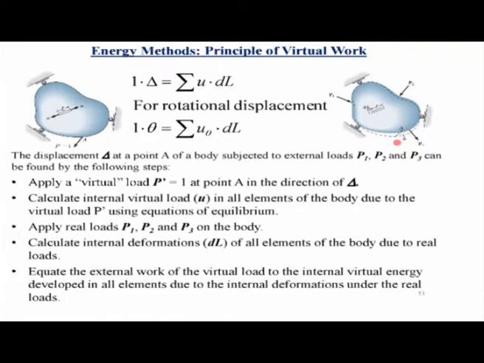Now if a deformation of this system is required at a point A, which is independent of the points of application of the load, so it is not any of the 3 points where the load is applied, it is some other point. So now if we have to calculate the deformation in a certain direction of the system under these given loads, then what we do is we introduce a virtual load like this, which is shown here.